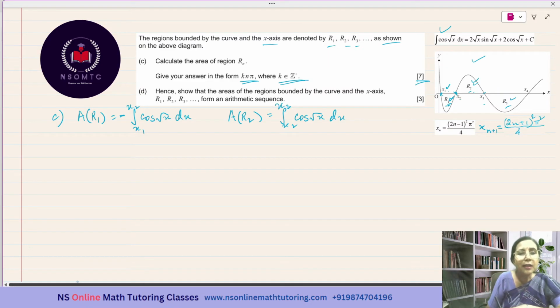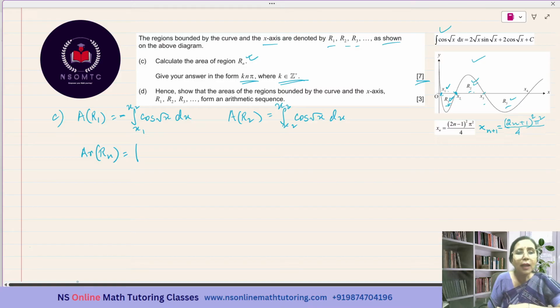So because we do not know which area is to be considered, we will be writing area of Rn is equal to the absolute value of whatever value we will be getting after the definite integral. If it is negative, the absolute value will change it to the positive value, or if it is a positive number, it will stay as it is.